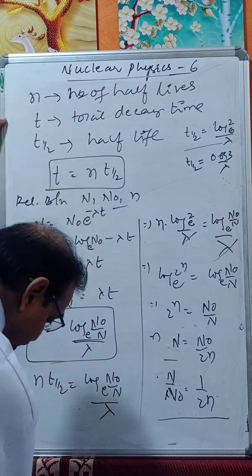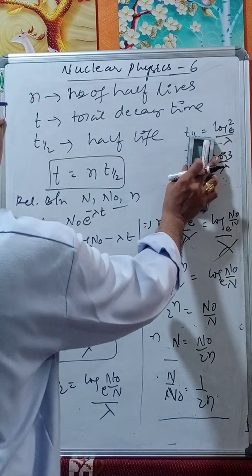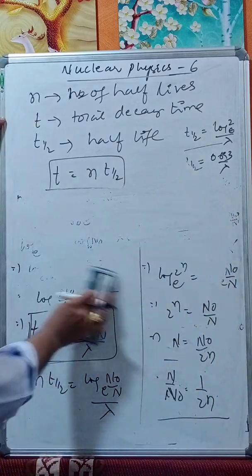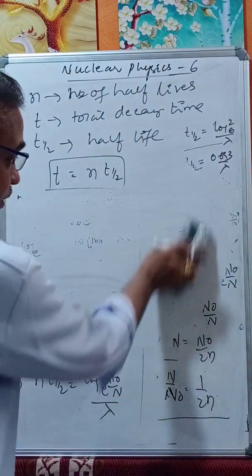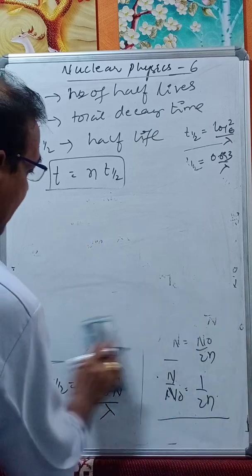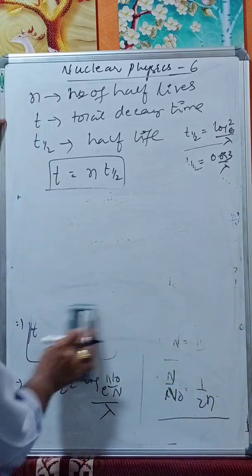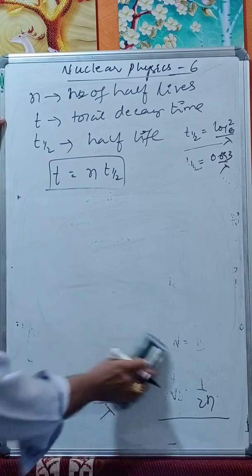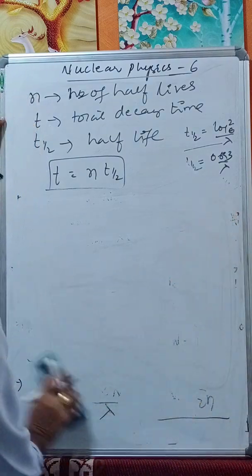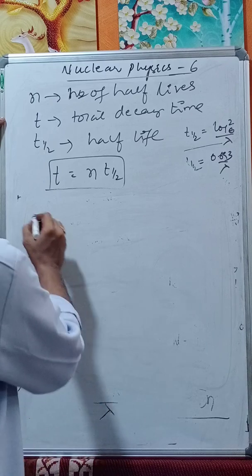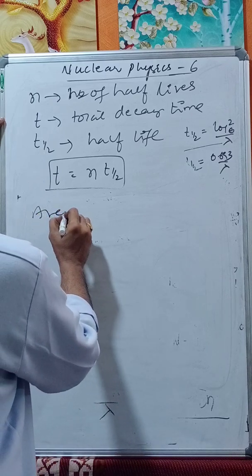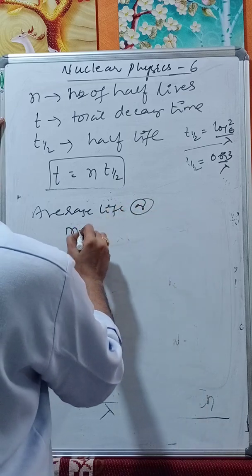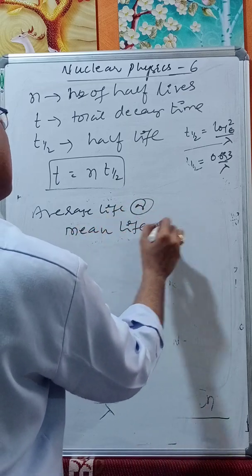Now, what is average life or mean life? Average life or mean life, tau.